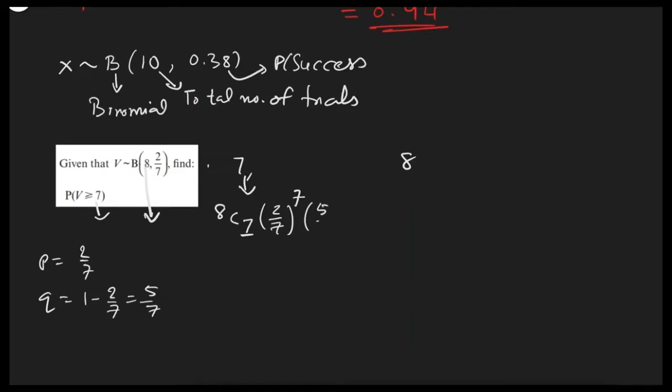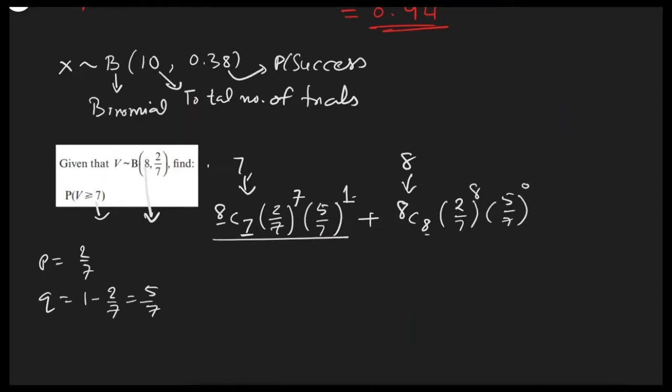So we will write 5 over 7 with exponent 1 here, because 7 plus 1 must be 8. Now let's talk about 8. It will be 8C8, successes 8, failures none. And I will put these two in my calculator and I will get the answer.